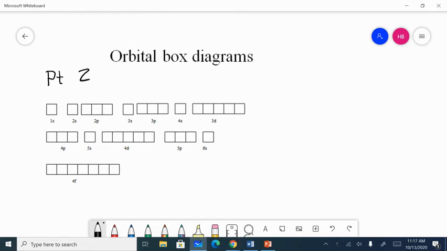So, Z number of 78. I'm going to do the complete electron configuration real quick.